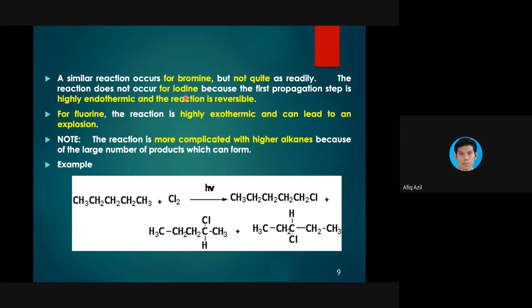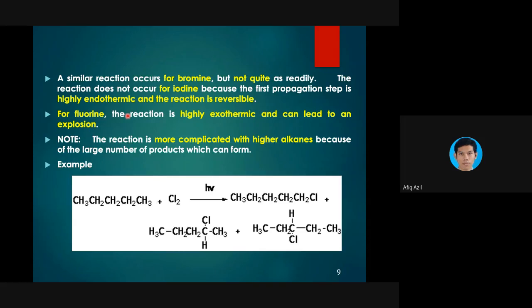Just like just now for chlorine, the Cl-Cl bond needed around 234 kilojoules per mole of energy to break it. But for iodine, it is much more than that. So that's why it's not suitable to be done in lab scale.